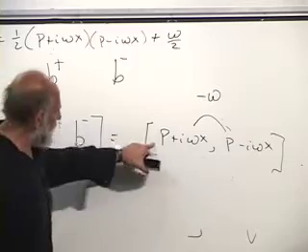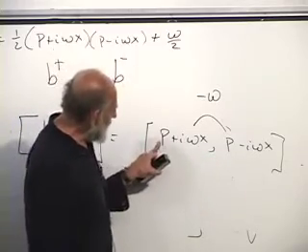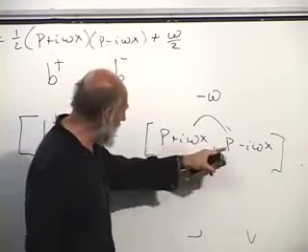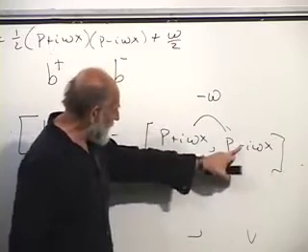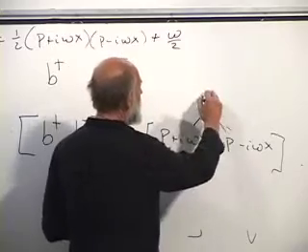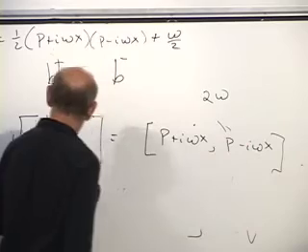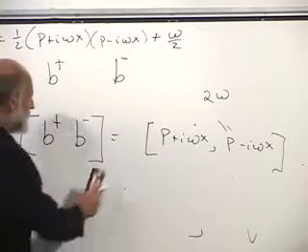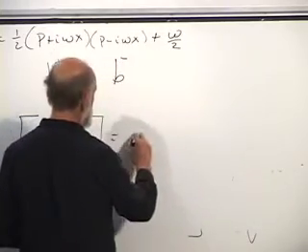The commutator of p with minus i omega x: the commutator of p with x is minus i, but there's another minus here. The whole thing just gives 2 omega. So the commutator between B plus and B minus is just 2 omega.